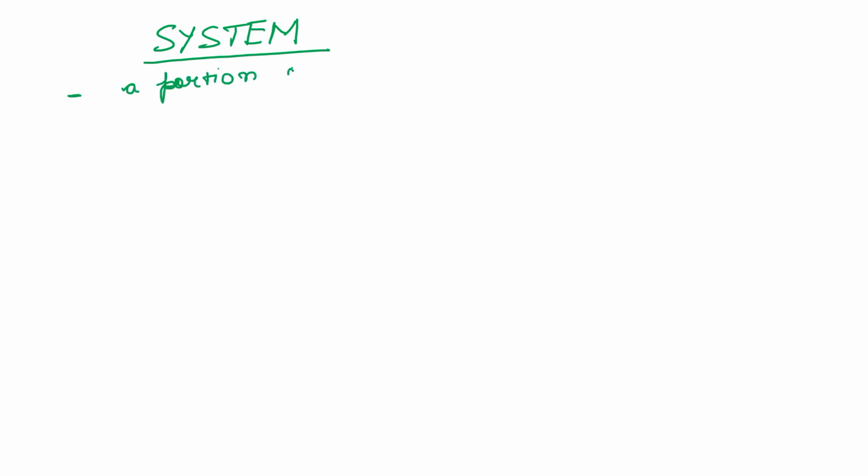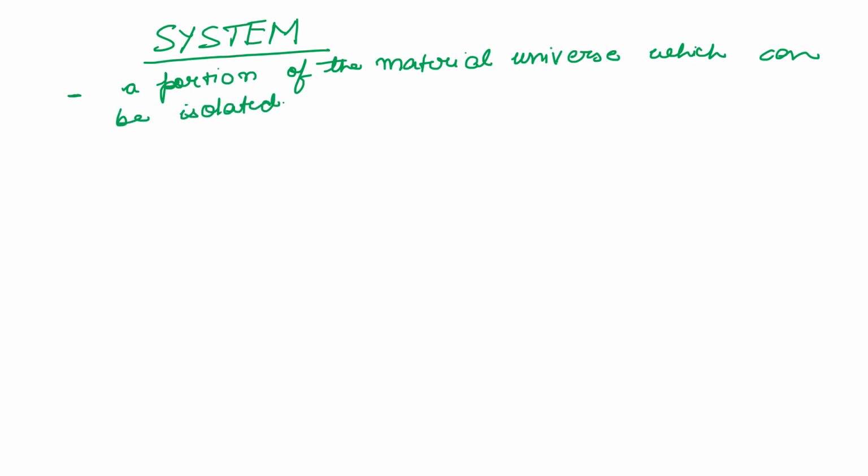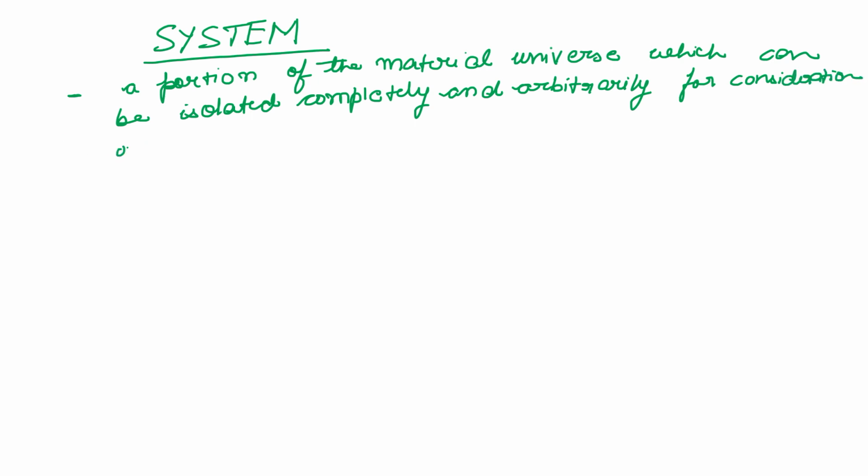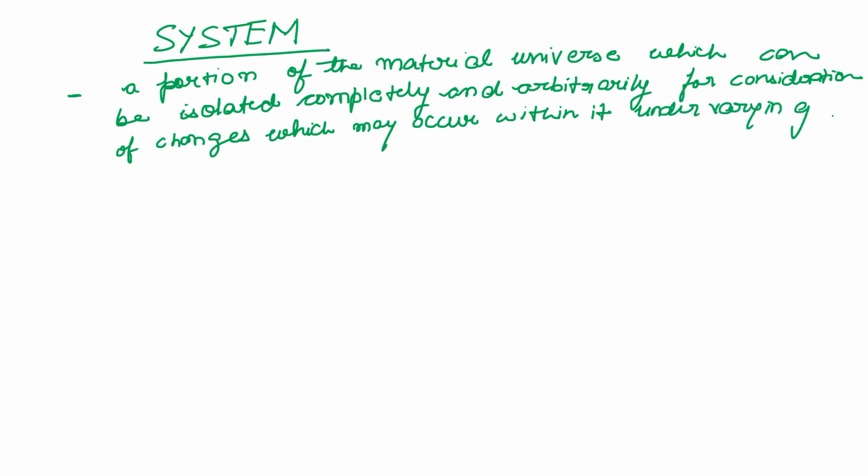A system is a portion of the material universe which can be isolated completely and arbitrarily for consideration of changes which will occur within it under varying conditions.